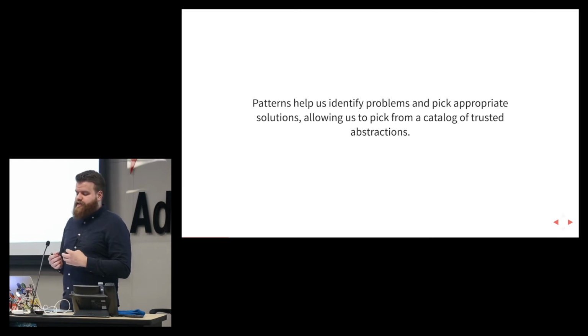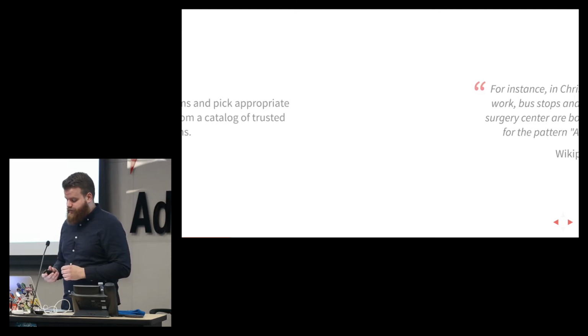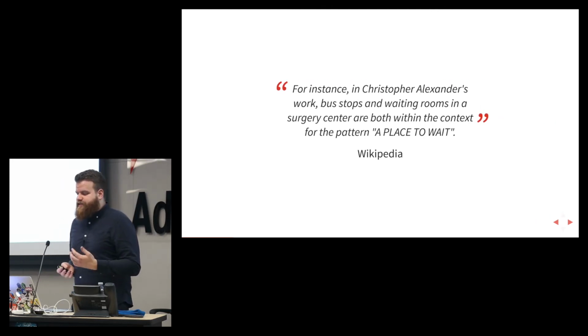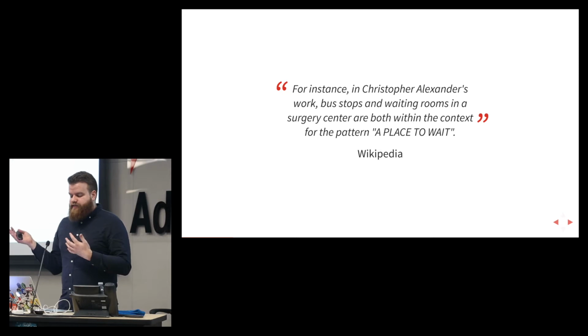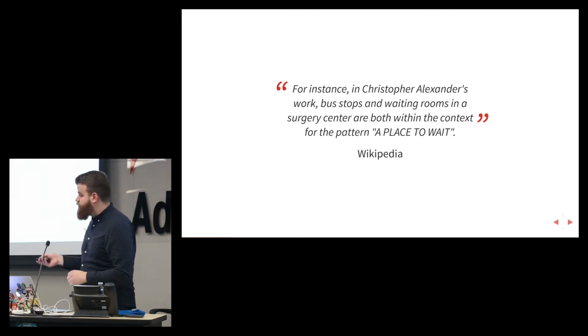It allows us to select from a catalog of trusted abstractions, trusted solutions, trusted patterns to do certain things. My favorite is this one. For instance, in Alexander's work, bus stops and waiting rooms, like in a hospital or a surgery center, are exactly the same thing, right? They're a place to wait, but they are completely different in their application. But they follow a similar pattern, right? That was from the great historian Wikipedia.